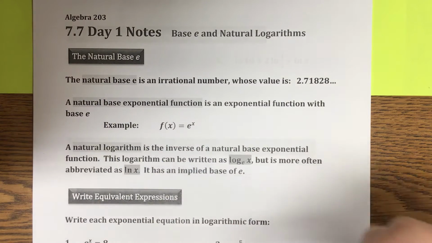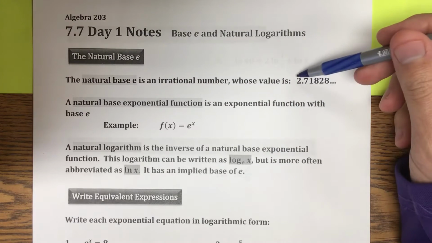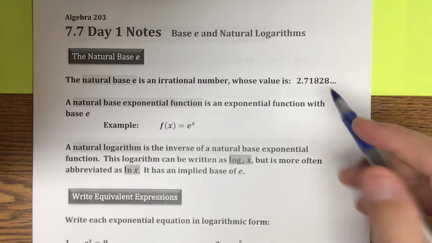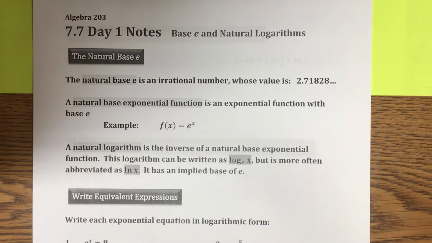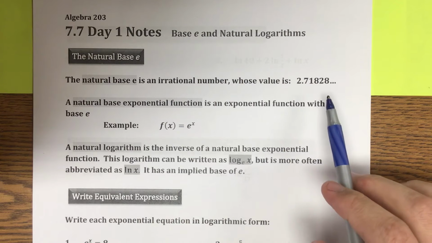It's an irrational number which is approximately equal to 2.71828 and it goes on forever. It's irrational, so the decimals go on forever without any sort of pattern, or repetition either. The big thing is it's very similar to pi.